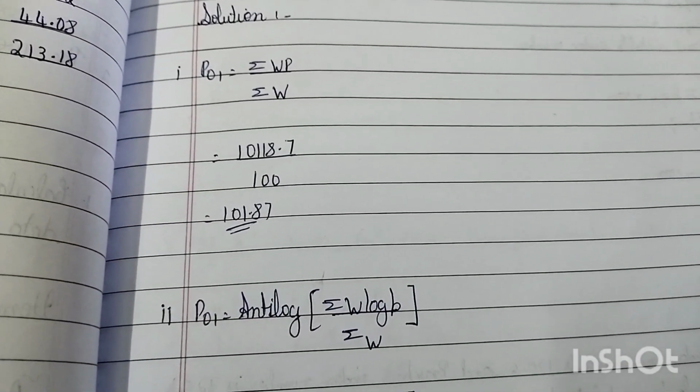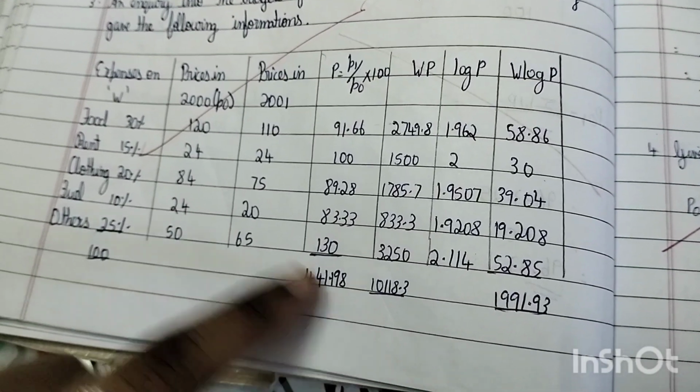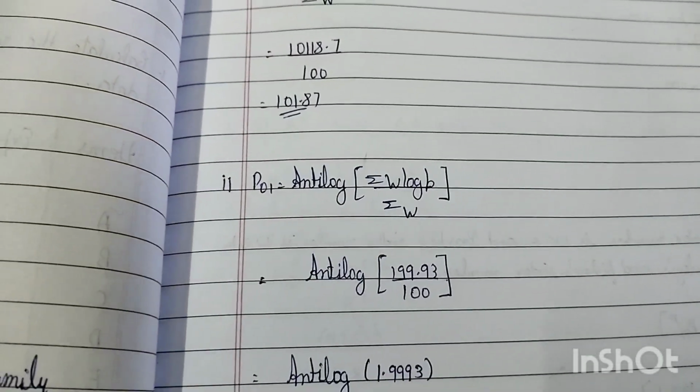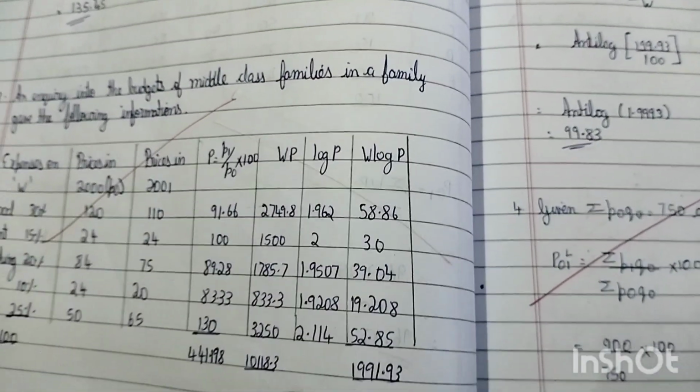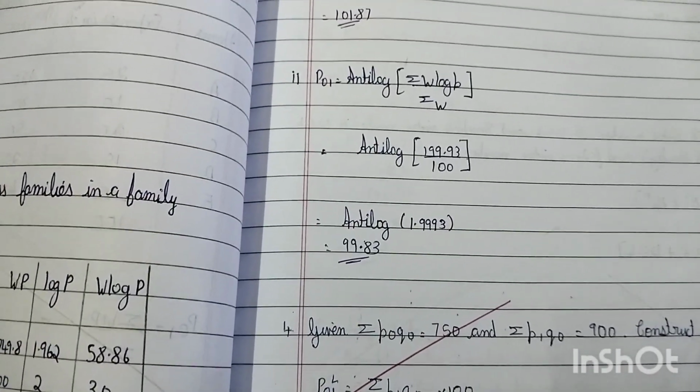So the weighted arithmetic mean is summation WP by summation W. So that's 10118 divided by 100. So you get 101.87. Antilog of summation W log P by summation W. The summation of W log P is 199.93, and summation W is again 100. So you get 1.9993.